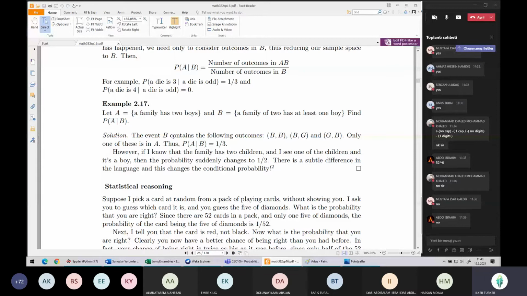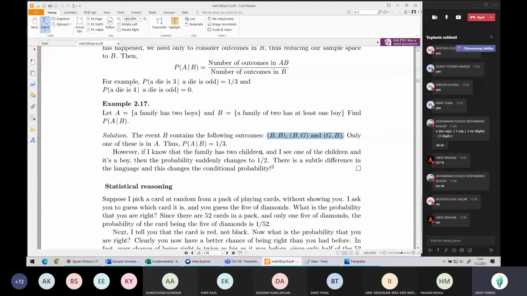Solution. The event B contains the following outcomes. What is event B? At least one boy. With two children means boy and girl, girl and boy, boy and boy. Only one of these is in A, two boys. So it is 1/3. However, if I know that the family has two children and I see one of the children and it is a boy, then what is the probability that they have two boys?